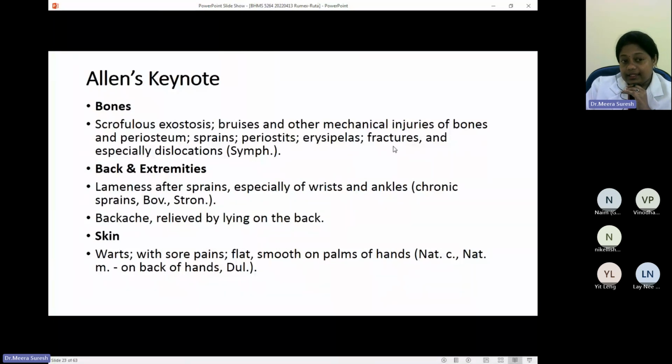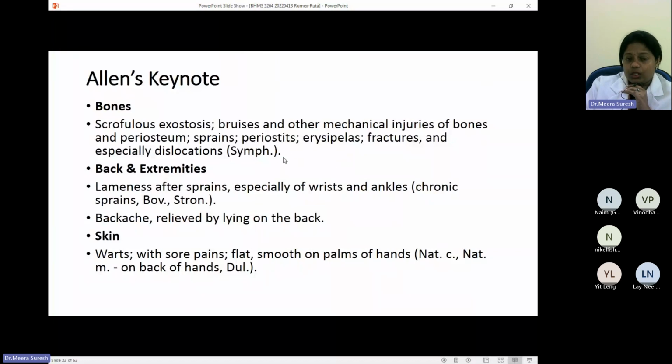But here, yes, fractures: Ruta and Symphytum both can be given for fractures and dislocations. But this one will be more related with that characteristic sprain and that bruised nature. And Symphytum also has the soreness of Arnica, but mostly it is indicated when there is no union possible. So to make that callus develop, Symphytum is usually given.